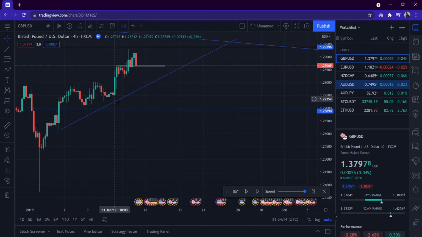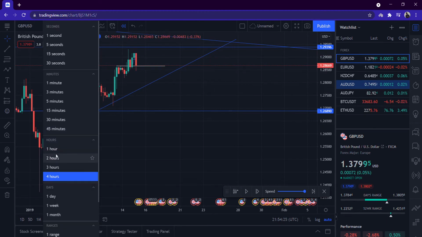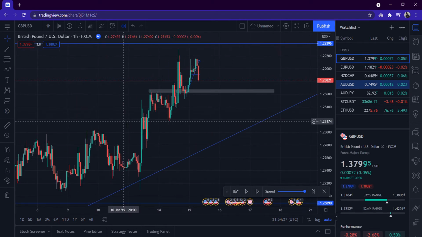Overall, the 4-hour is still bullish and daily still bullish, so I'm not looking to go bearish for now. So let's move on. Let's see what happens.